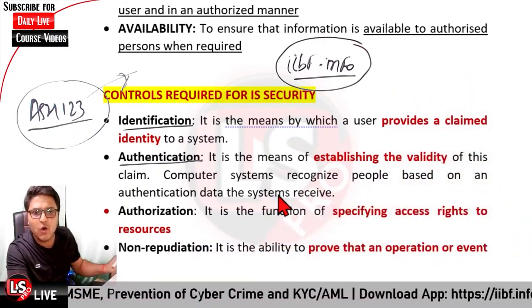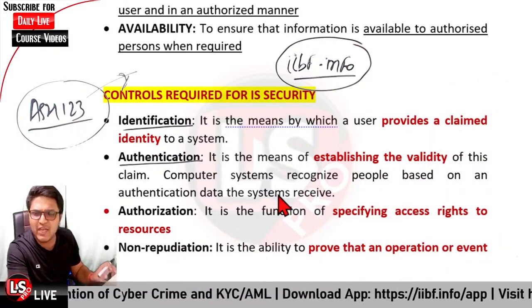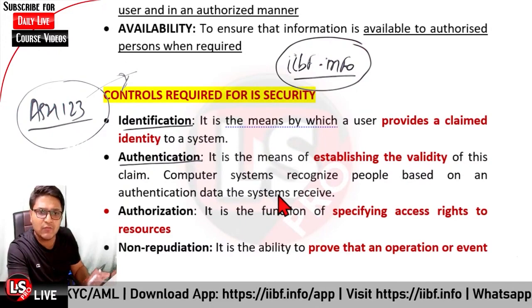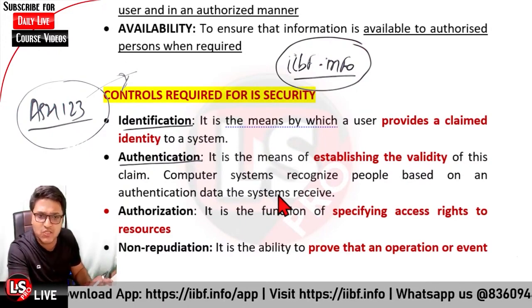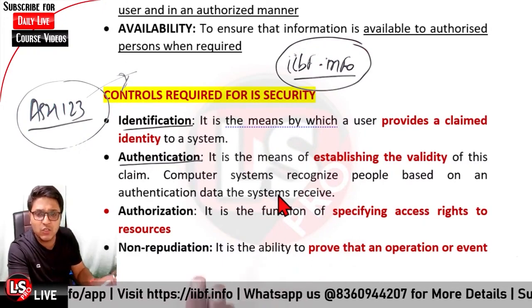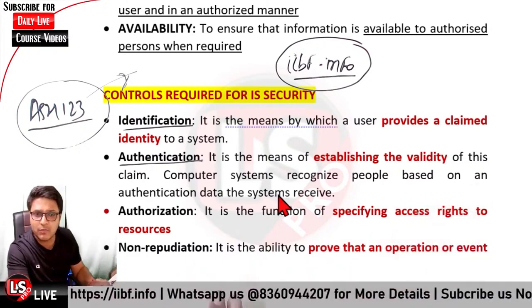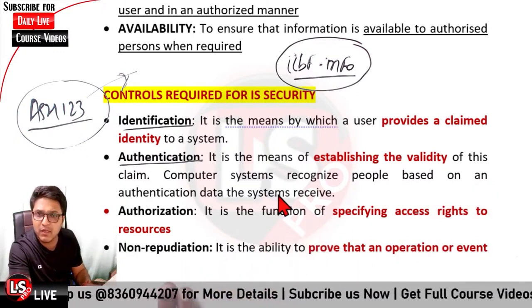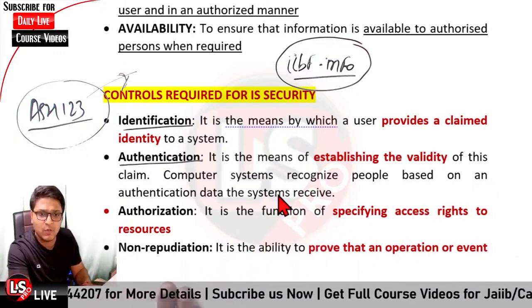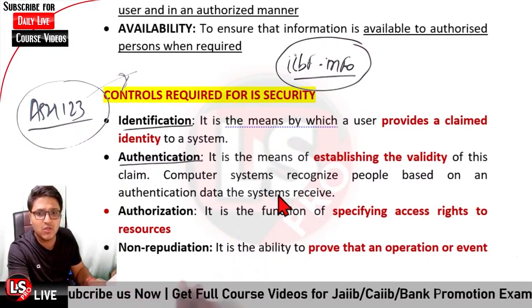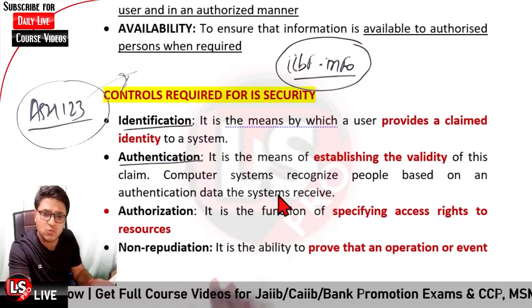Then it is regarding non-repudiation. It is very, very important. Why is it important? Because in the case of an information system, sitting at your home, you can remit funds from your account. And it could be the case that you repudiate later on, claiming that this remittance was not done by you.